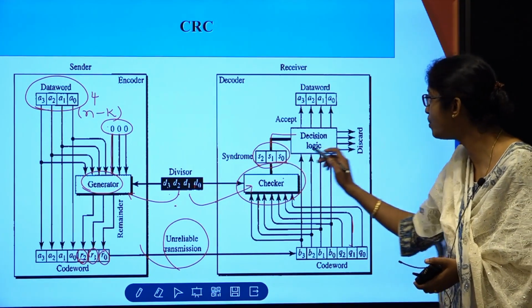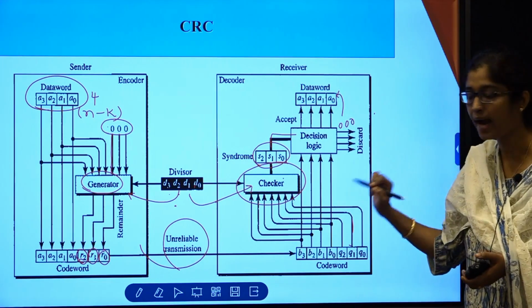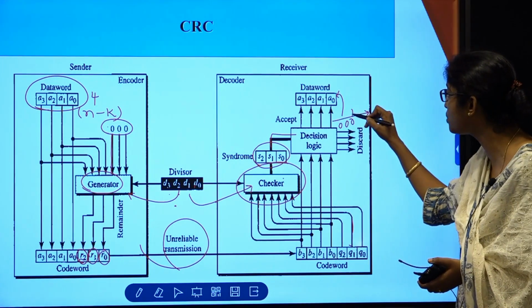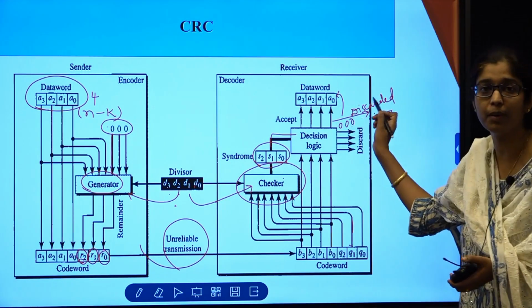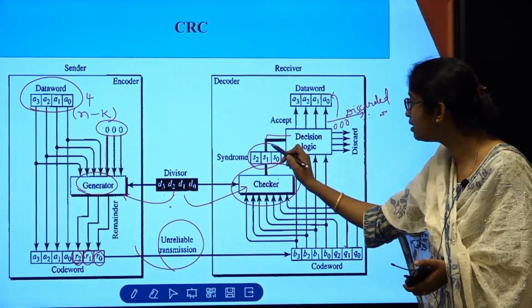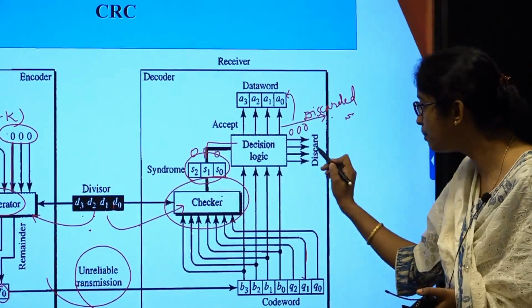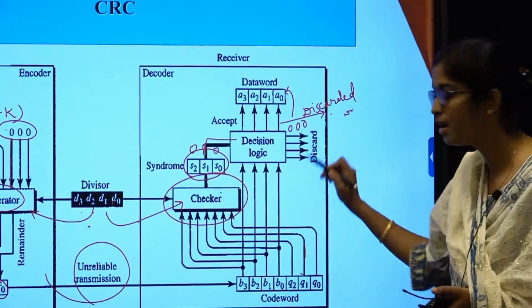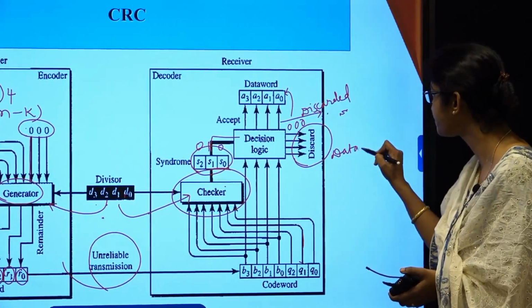If the syndrome is all zeros, we accept the data word and the syndrome is discarded. This is redundant information, used temporarily, and later discarded. If the syndrome is non-zero, for example 0, 1, 0, that means there is an error in the data, so we discard the data word also.